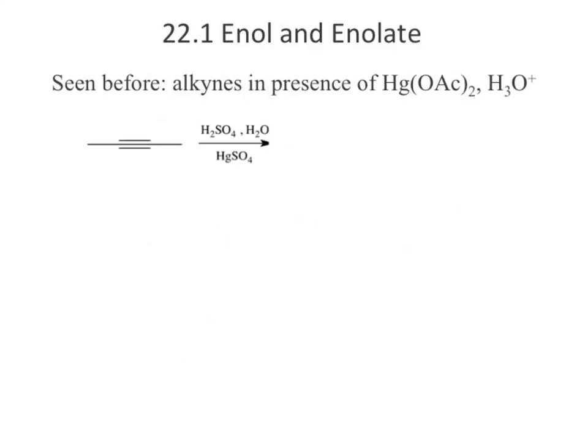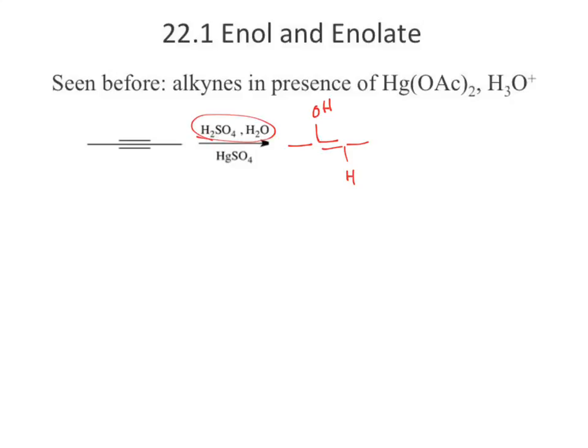What we're looking at is our enol and enolates. We've seen these before. When you take a look at the alkyne reacting in the presence of sulfuric acid, water, and mercury, what happens? Our sulfuric acid and water with an alkyne remove 1 pi bond and put on an alcohol and a hydrogen.